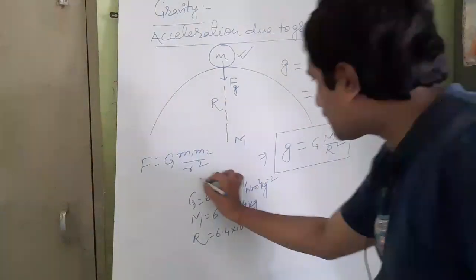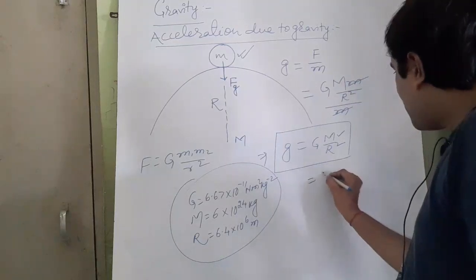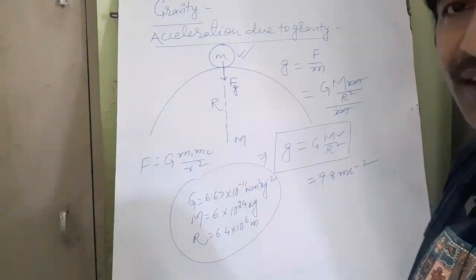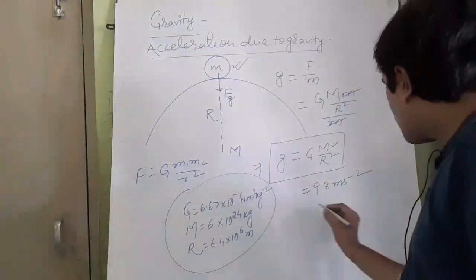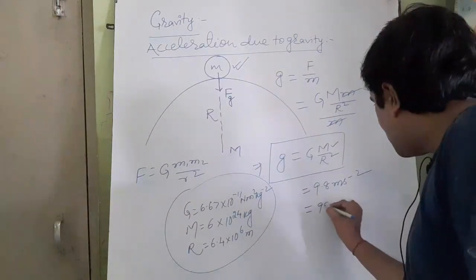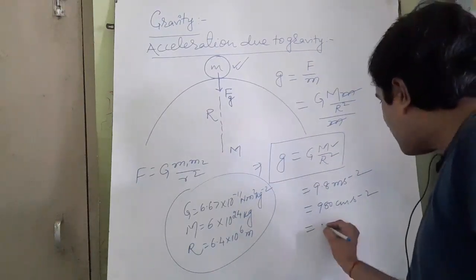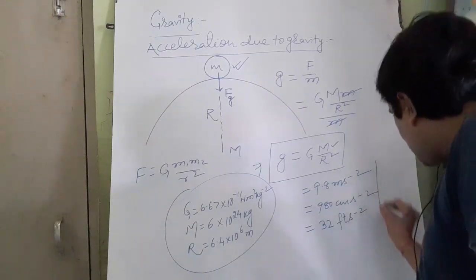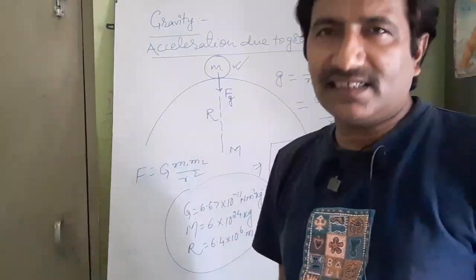If you substitute all these values, g comes out to be 9.8 meter per second squared. So the value of small g is 9.8 meter per second squared. In CGS it is 980 centimeter per second squared, and in FPS it is 32 feet per second squared.